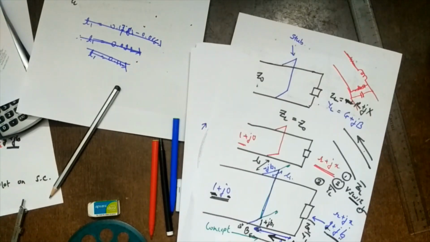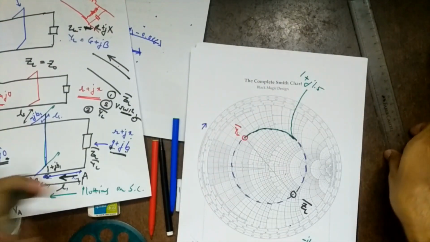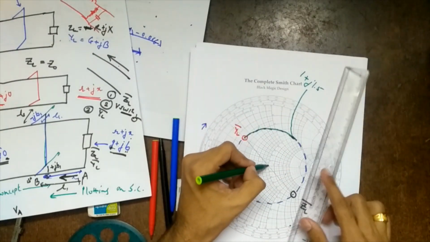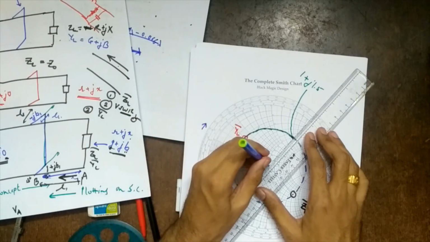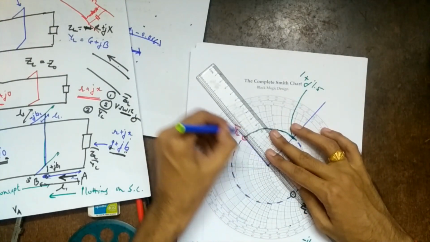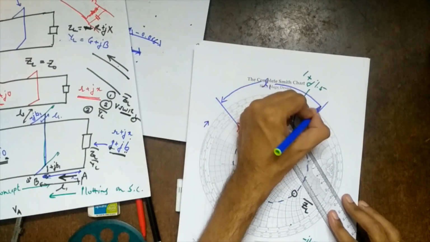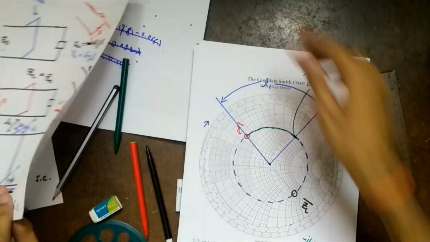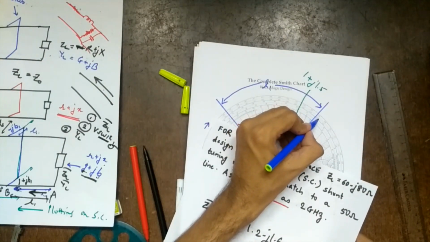Next, we have to find the lengths L1 and Ls. What will be L1? Take this point with the center of the Smith chart and draw a line, then draw a line for YL bar also. This is your length L1. If you observe, this is 0.176.